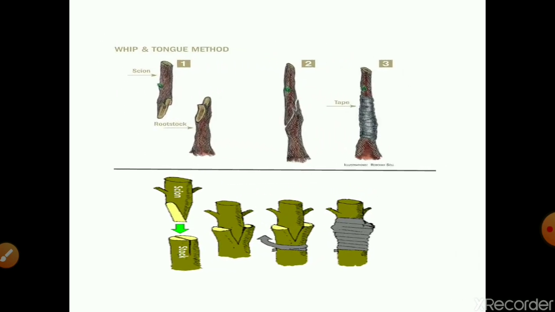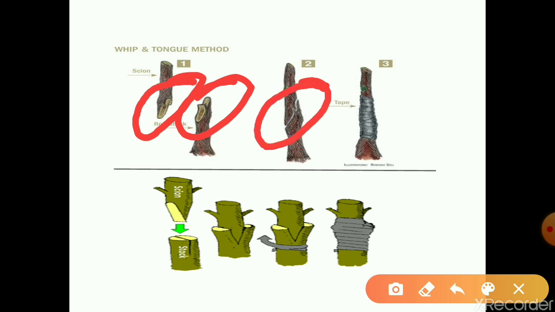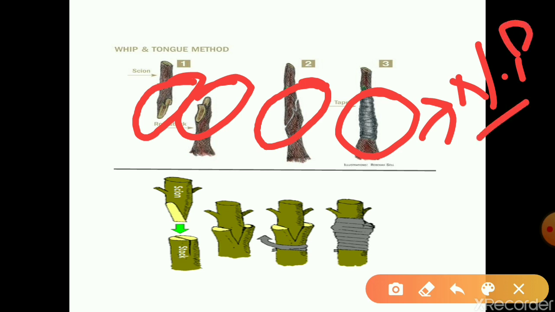As you can see in the diagram, the cut is made on stalk and a complementary cut is made on scion, and after cutting both join together and are tightly bound with tape, and after some days they can grow into a new plant. So this is the whip or tongue method.